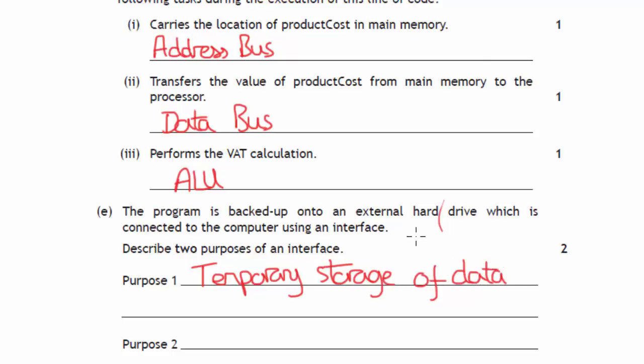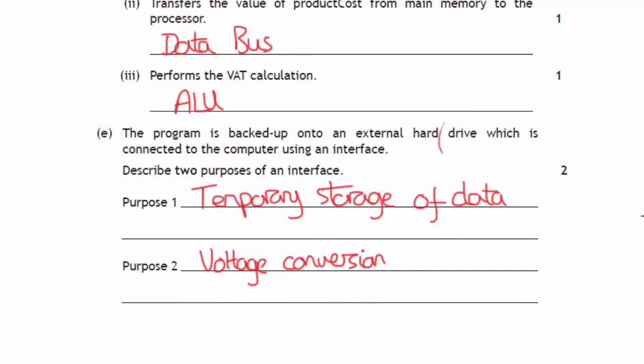Other ones as well. You could say voltage conversion, right? Because you can get ones that get powered off your USB drive, so it's running at a different voltage than your computer. So we've got voltage conversion, but there's quite a few different purposes of an interface. Okay, so you've got temporary storage of data, voltage conversion.